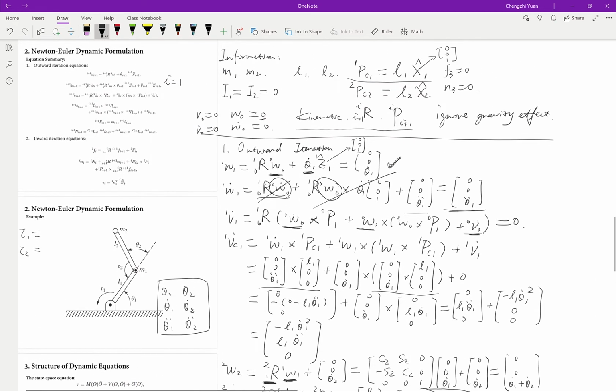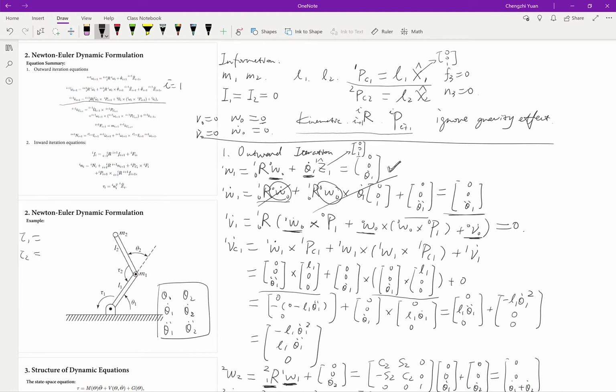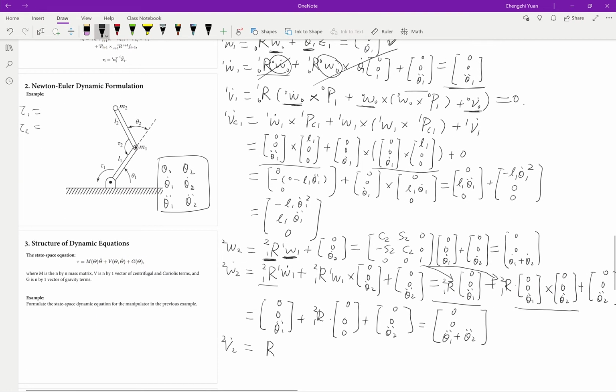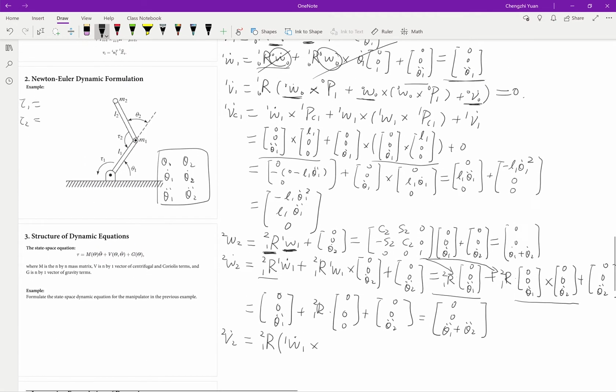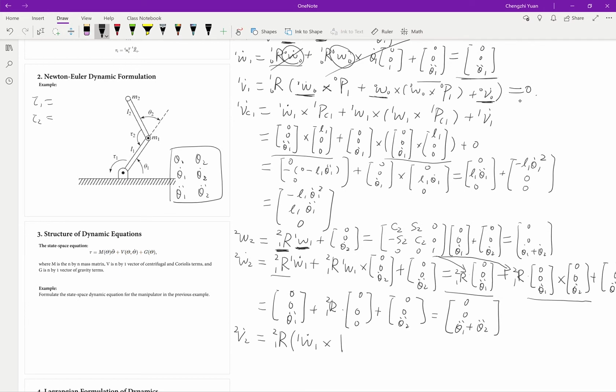If you look at the formulas over here, it will be equal to the rotation matrix R21 times omega 1 derivative cross product P12, plus omega 1 cross product omega 1 cross product P12, plus V11 derivative, okay?